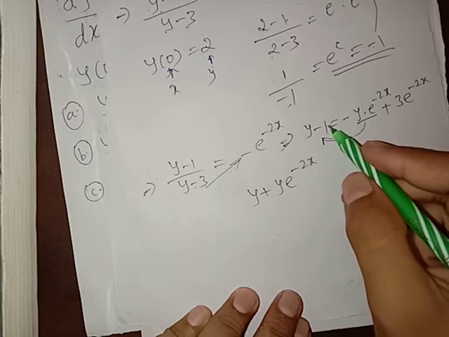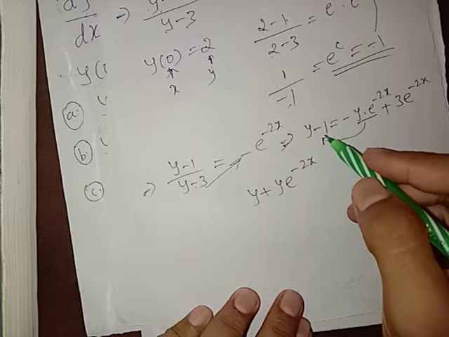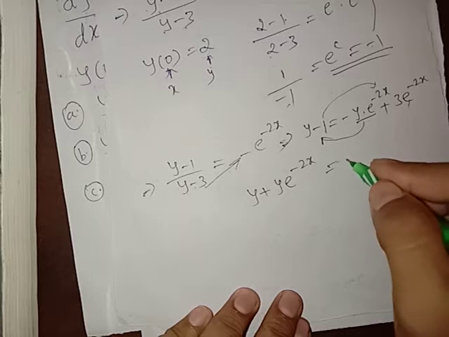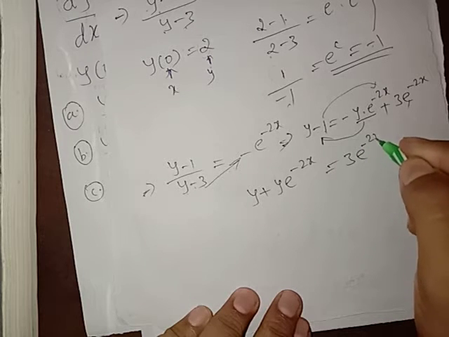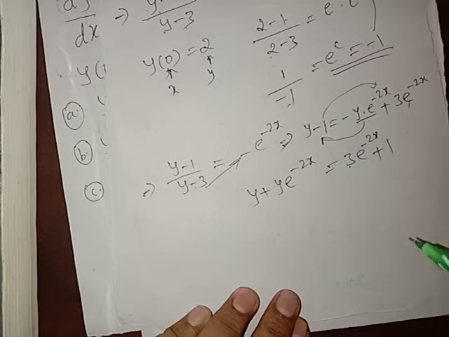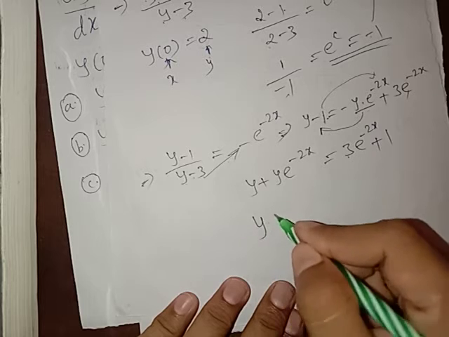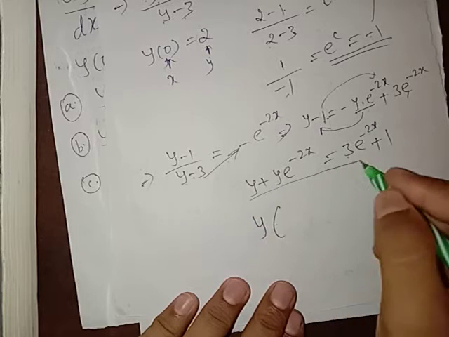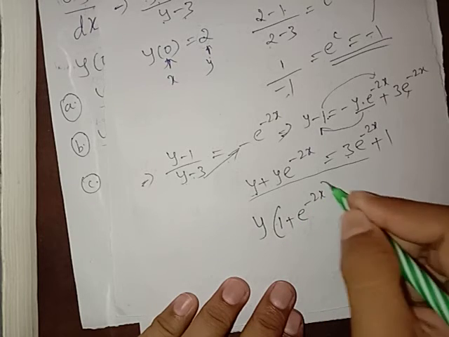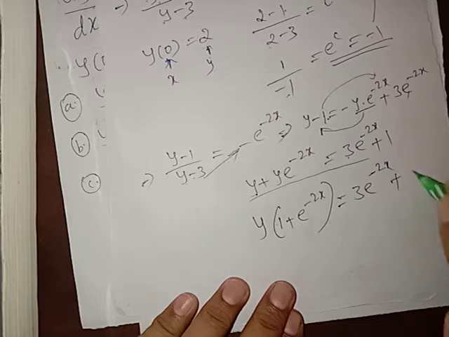We take minus 1 to here, so we get exponential of minus 2x into 3, and minus 1 becomes plus 1 going here. Now y is common here: y into (1 plus exponential of minus 2x) is equal to 3 into exponential of minus 2x plus 1.